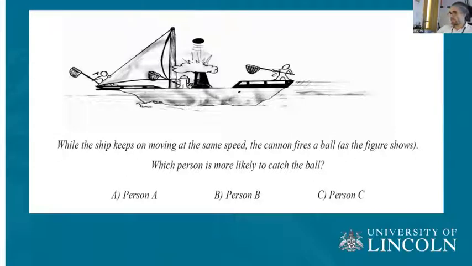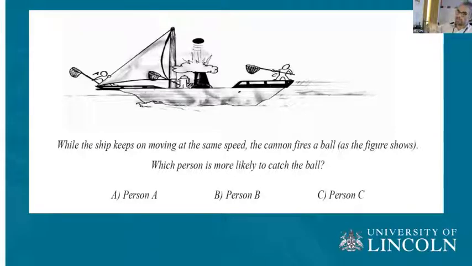Most of the students predicted that person C, at the back of the boat, will catch the ball, and they explained that the ball drops straight down. Now, in doing so, it falls directly to the point where the cannon releases it, without taking into consideration the velocity that the ball possesses, which is the velocity that the cannon and the ball also possess.